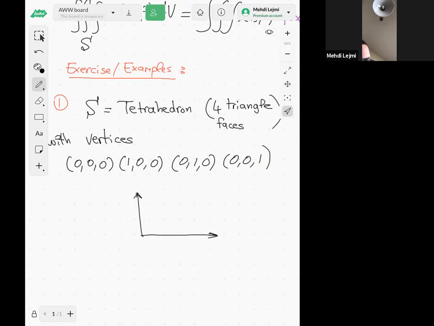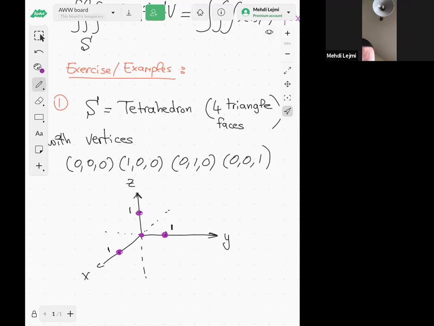This is X, Y, Z. I'm gonna need the one here, one here. Our vertices are the origin 0, 0, 0, then 1, 0, 0, then 0, 1, 0, sorry, and then the height, 0, 0, 1. So the height Z is 1 here.